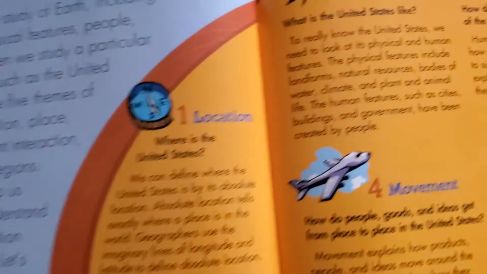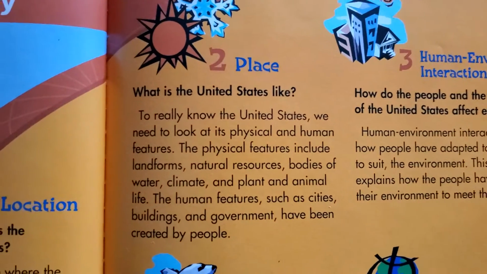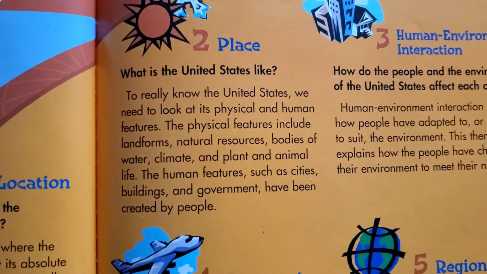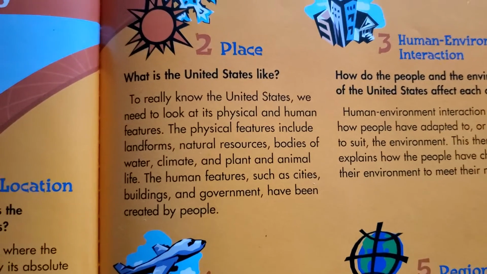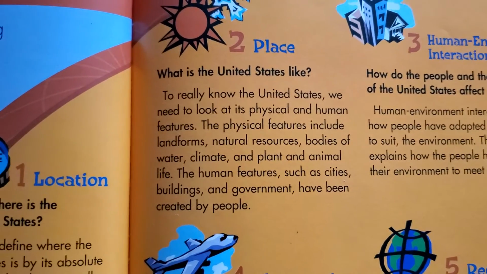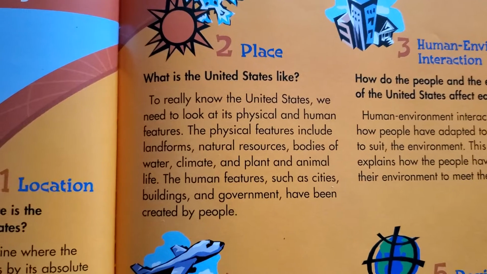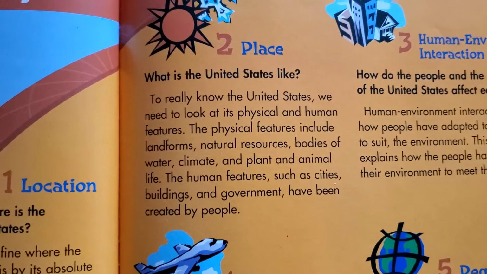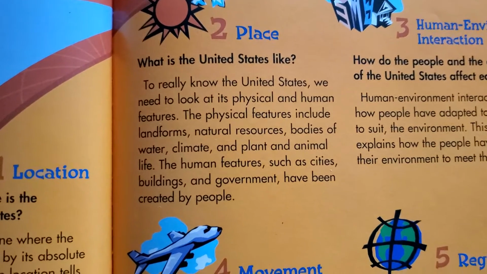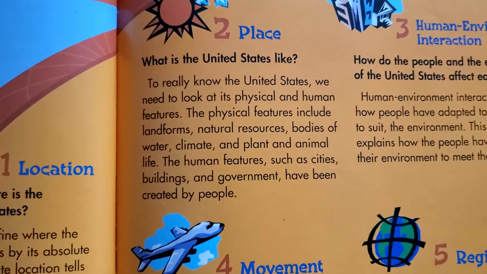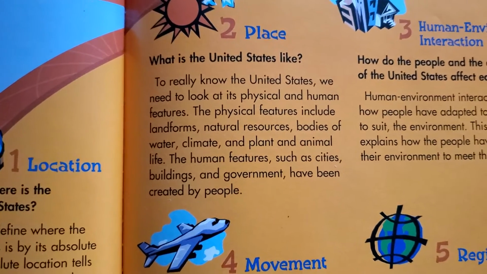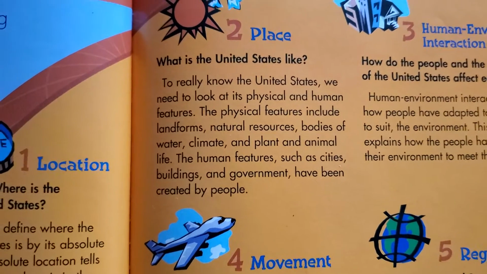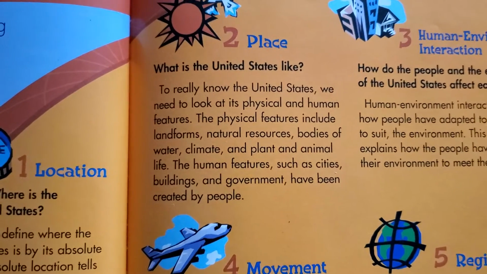Okay. The next one is place. What is the United States like? To really know the United States, we need to look at its physical and human features. The physical features include landforms, natural resources, bodies of water, climate, and plant and animal life. The human features, such as cities, buildings, and government, have been created by people.